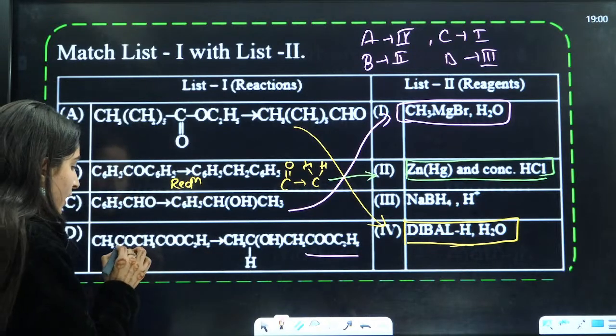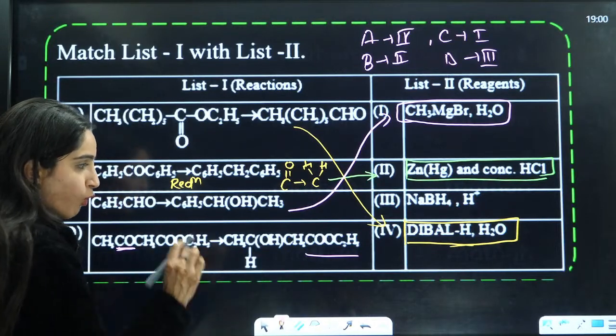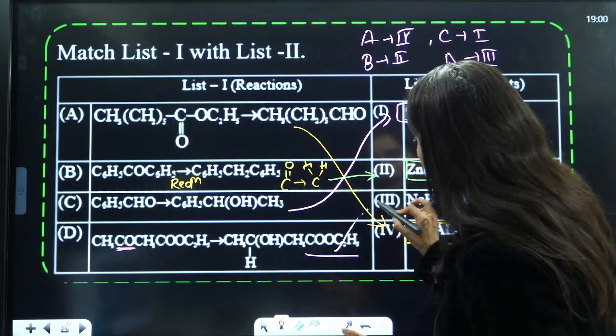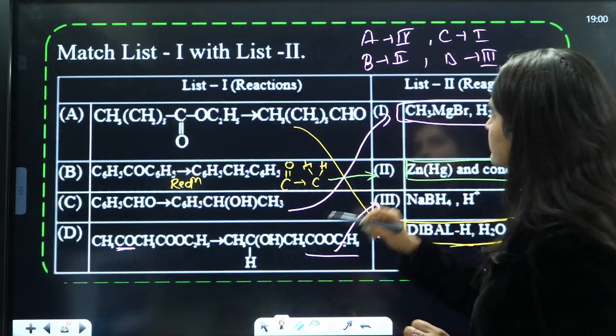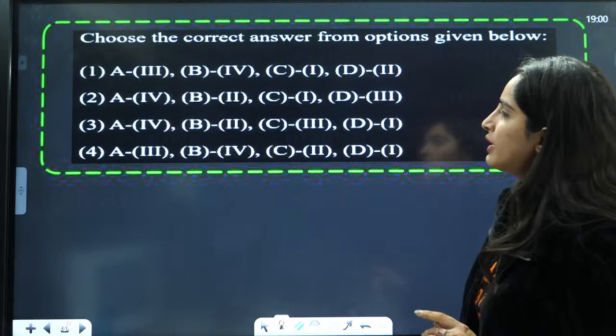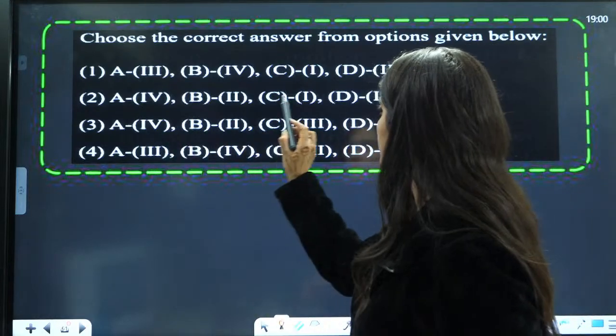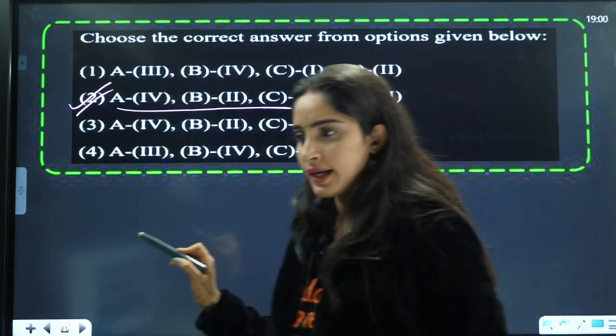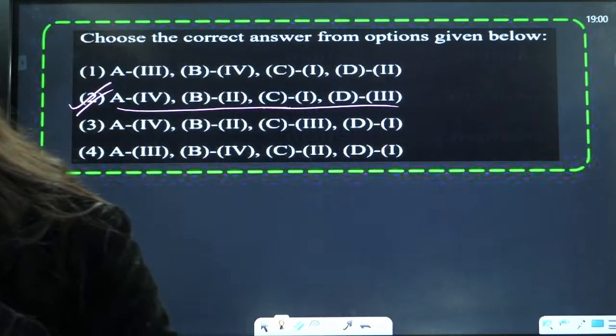That is why the CO group is converted to alcohol, but this group is intact. That is why we can say definitely D is for 3. So the answer is A4, B2, C1 and D3. That is, second will become the correct answer.